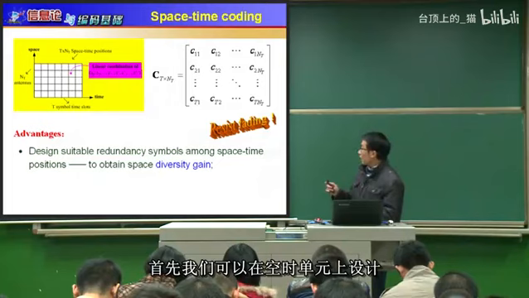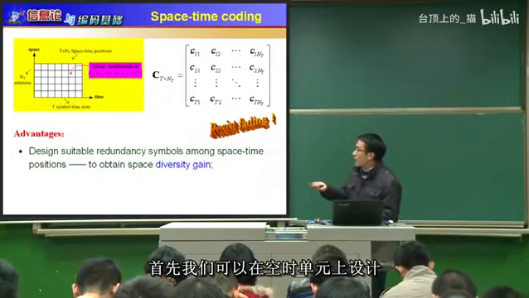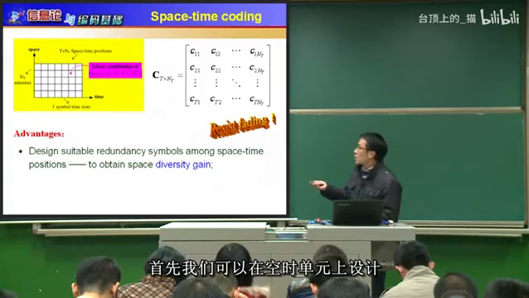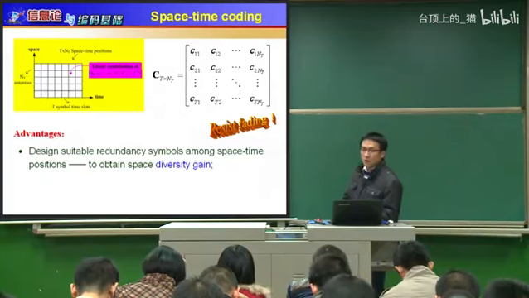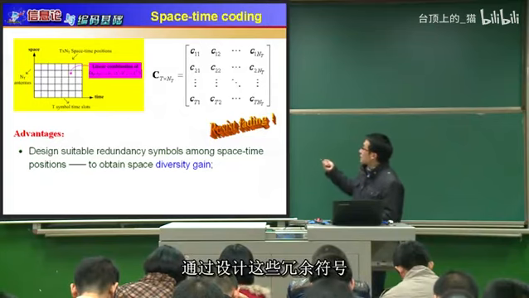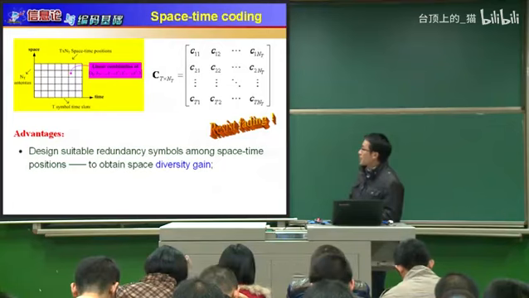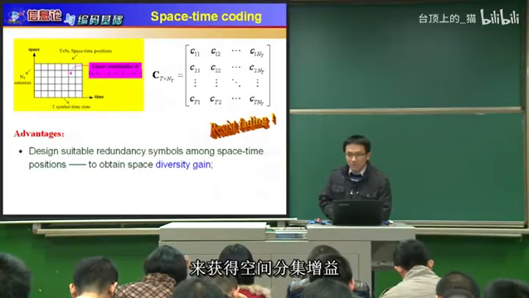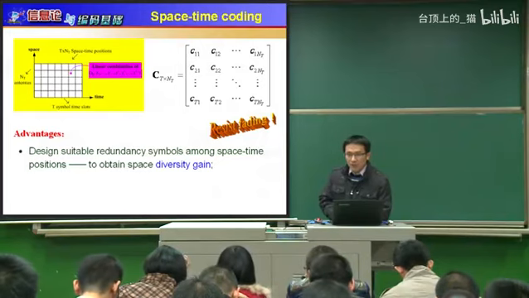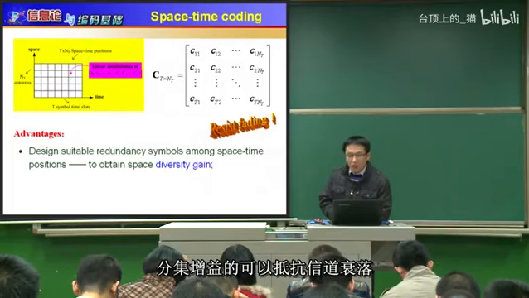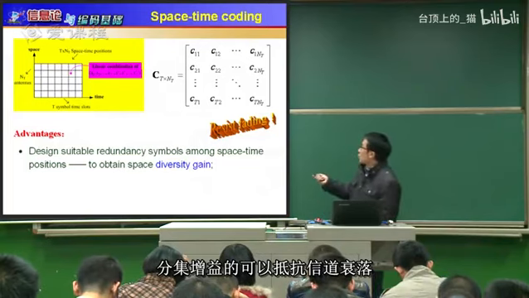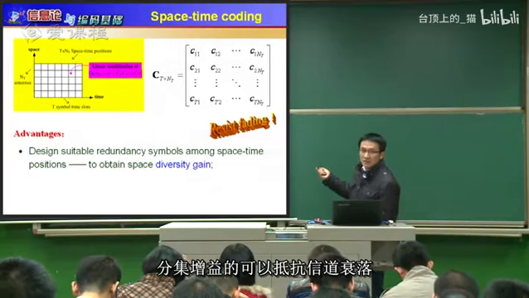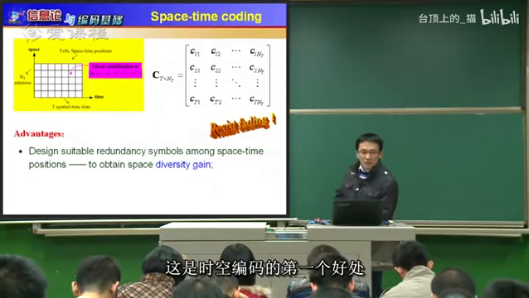First, we can design suitable redundancy symbols among space-time positions. Okay, design redundancy among these positions to obtain space diversity gain. The benefit of diversity gain is to resist channel fading. Okay, this is the first advantage of space-time coding.